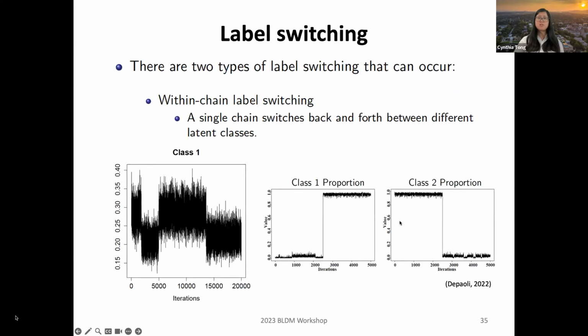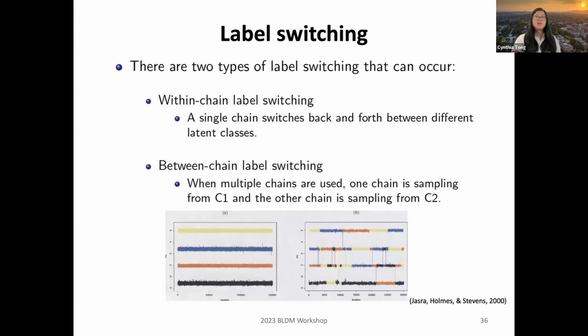For the class proportion, it's even more obvious: the class 1 proportion is close to 0 and suddenly close to 1, and basically class 1 and class 2 proportions switch. That means the label switched. These 2 figures were copied from last year's slides. Besides that, we also have between-chain label switching.